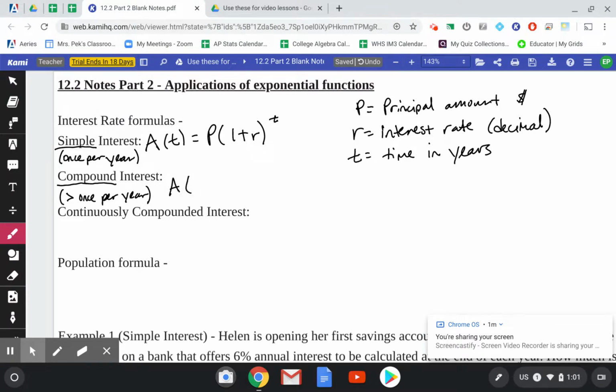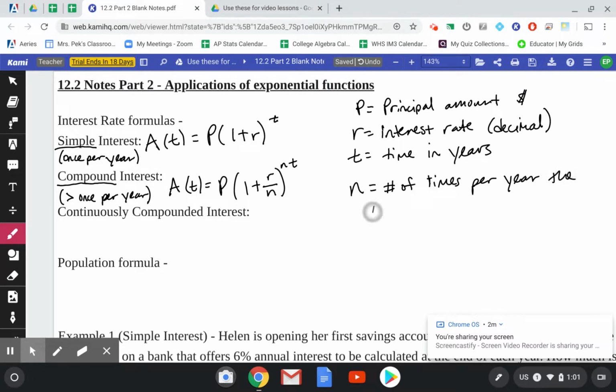So our formula, A of t equals p times 1 plus, and then it gets a little different, r over n, to the nt. Everything's the same except now we have an n in our equation, and n is the number of times per year the interest is compounded. And it'll tell you, we'll look at an example.